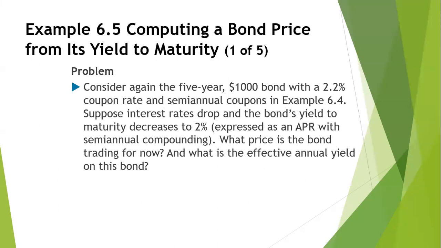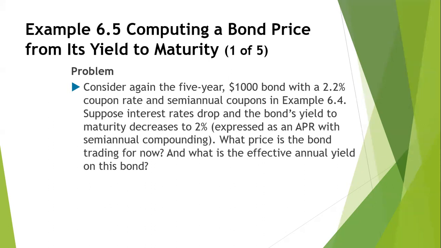And here is another problem. Example 6.5, computing a bond price from its yield to maturity. Consider again the 5-year $1,000 bond with a 2.2% coupon rate and semi-annual coupons in example 6.4.